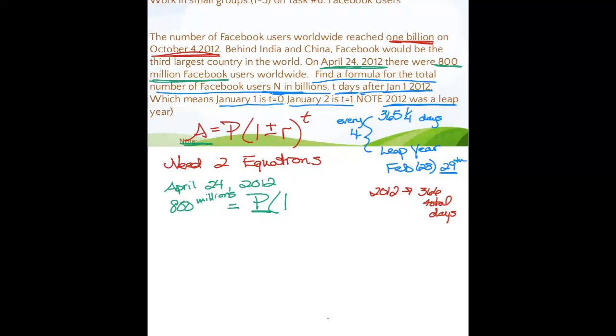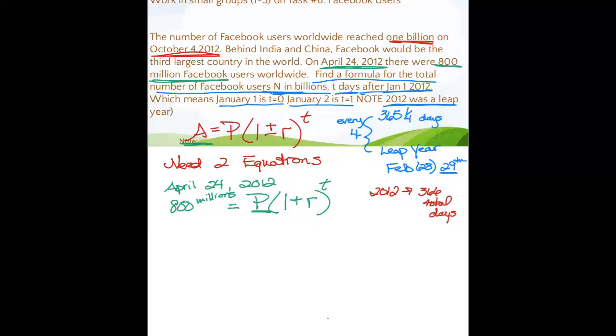The factor is the whole part in the parentheses. We said we are adding, so we know that. The rate we do not know. And then T is equal to the number of days that we have as we get to April 24th. And it's a leap year.